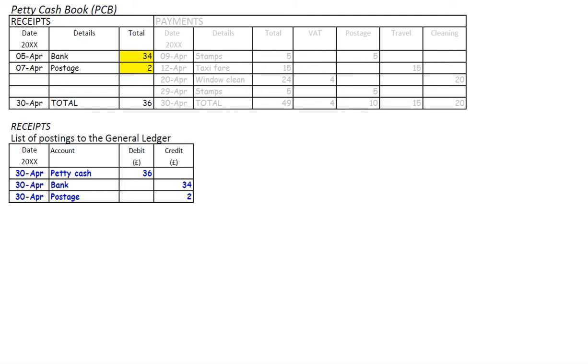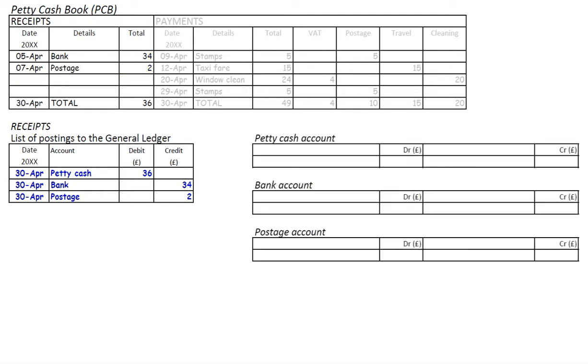We can then bring up the general ledger accounts that these entries will be made into, petty cash, bank, and postage accounts, and we'll transfer the information from our postings lists into those general ledgers. I've used the description petty cash book in each of these examples.